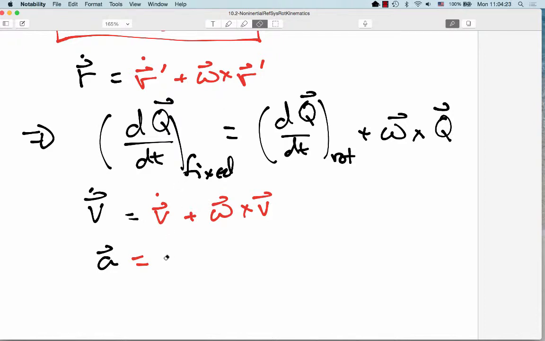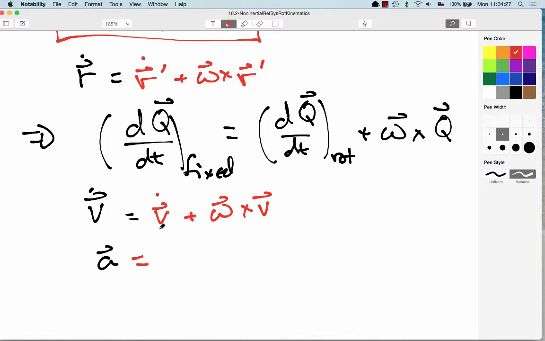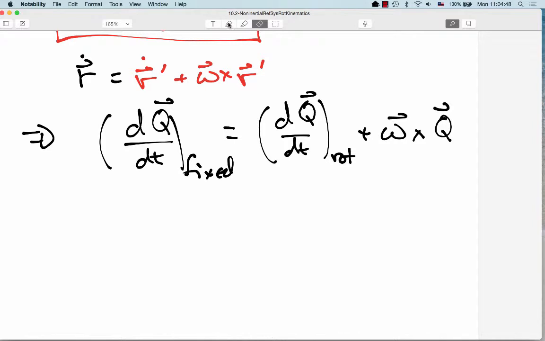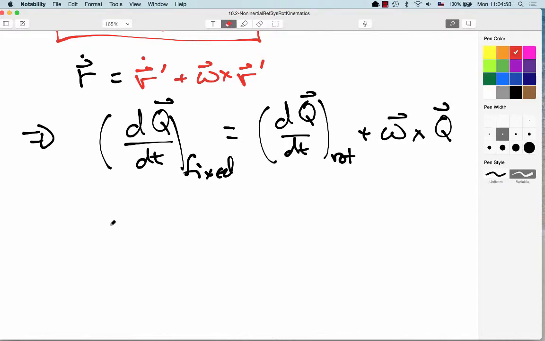Okay, so then this will equal, so we'll just write fixed and rotating there. Let's just stay with the notation I just had before. That'll be a lot easier on us all. There. So my apologies, let's start over again on that.